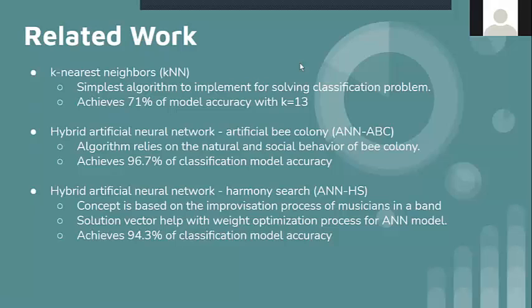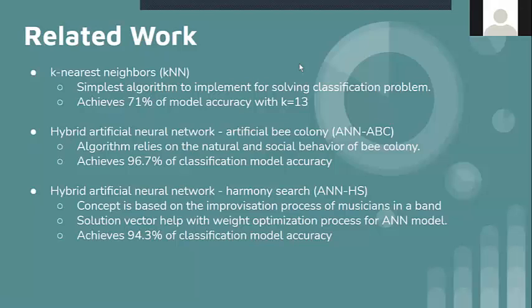Different k-values are determined, and based on that, the nearest neighbor and the correct solution vector are identified. The existing paper was able to achieve about 71% accuracy in predicting the correct oranges, which is not quite high.